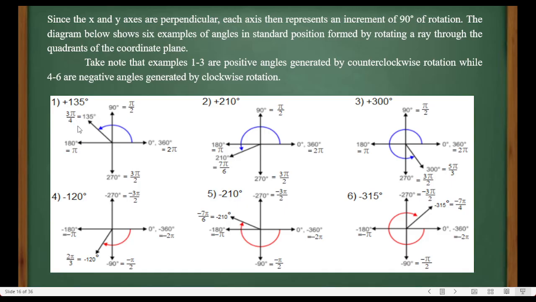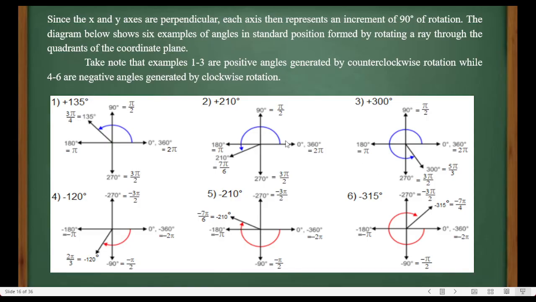Again, the first 3 angles that you see from this illustration are generated in a counterclockwise manner, as indicated by this arc of rotation, the blue ones. For the first figure, we have positive 135 degrees, or in radian, that is 3 pi over 4.